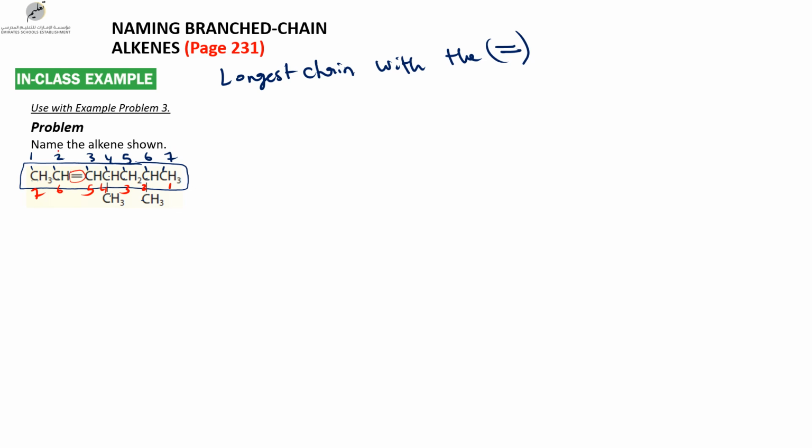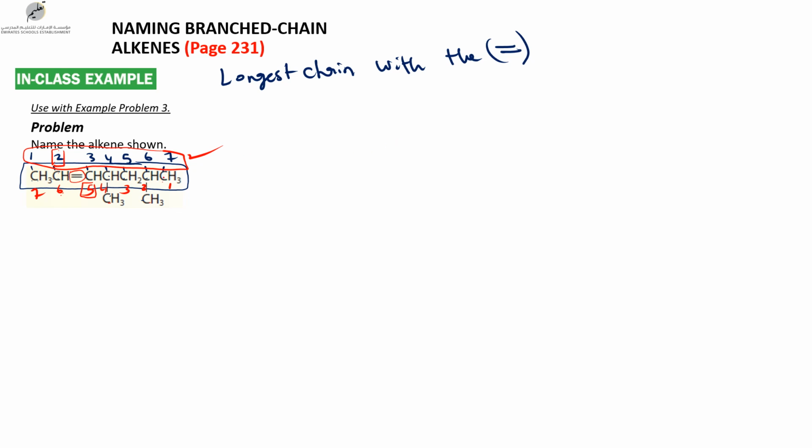So up here, the location of the double bond is 2, right? Down here, it's going to be 5, because it is between 5 and 6. 2 is lower. Okay? So we are going to choose the numbering up here. I don't care about the branches. I only care about the location of the double bond.